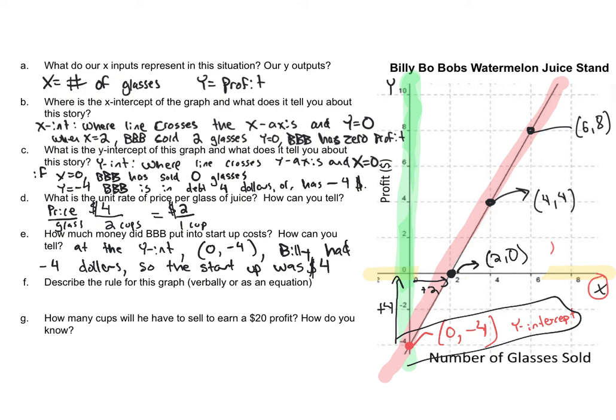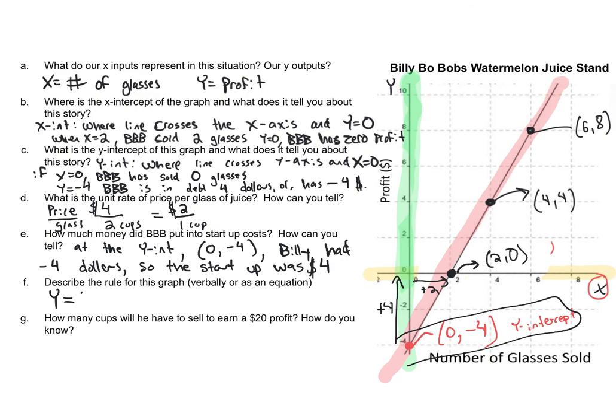And then I'm asking you to describe the rule of this graph verbally or as an equation. And it's okay if this part is still feeling really confusing to you. I know a lot of people didn't answer this, but we can think of this. We're looking for our profit, or y, equals the number of glasses sold. So every time we sell a glass, we get $2.